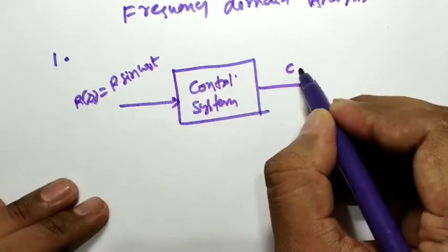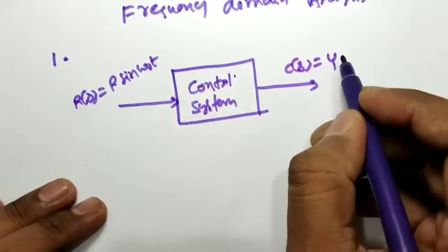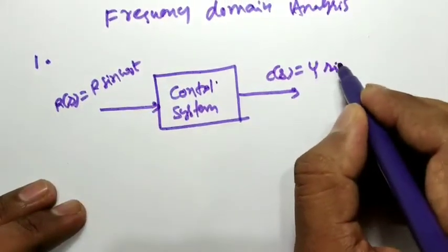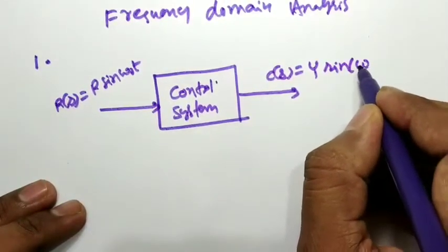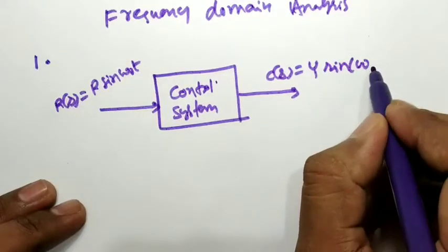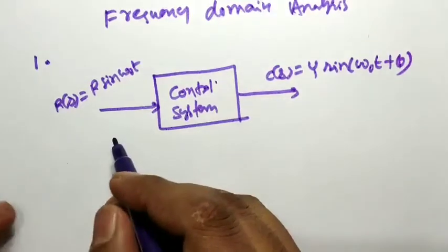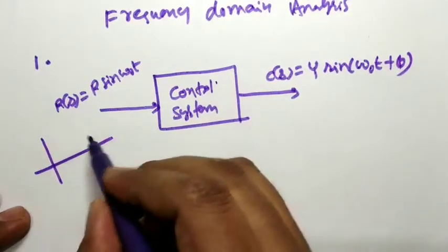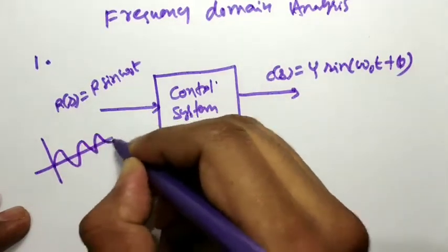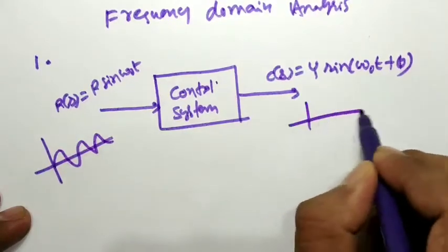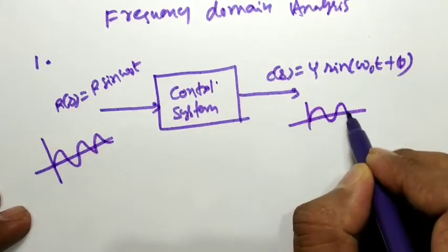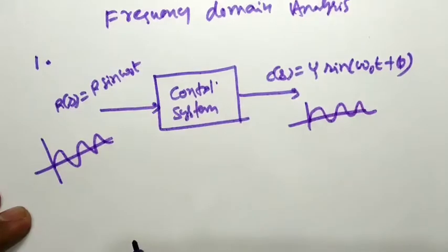The output C of S is equal to Y sine omega naught t plus phi. You see that your signal is sinusoidal. Your input is sinusoidal, and your output is also sinusoidal.